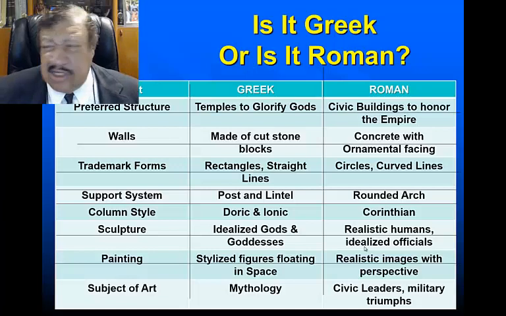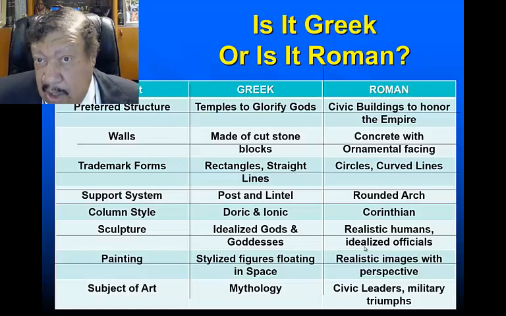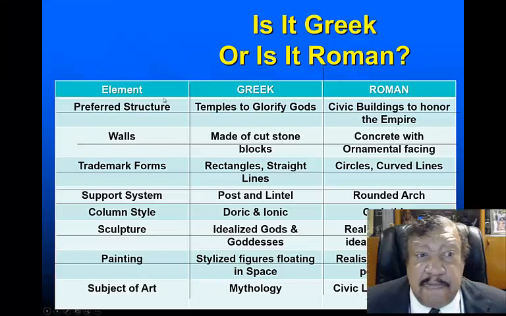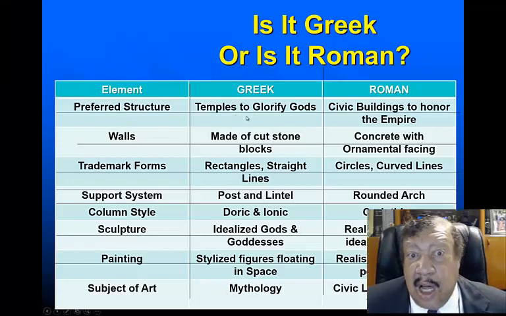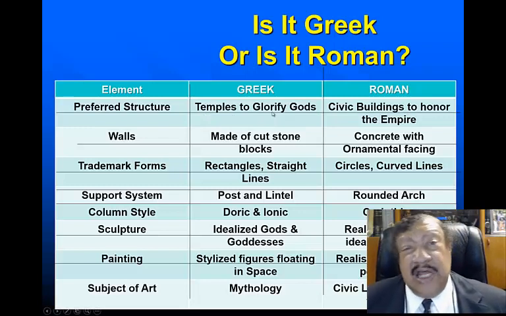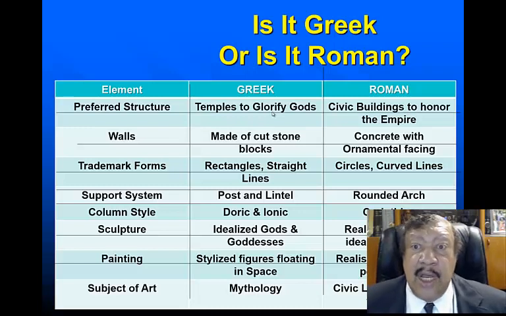So let's look at this in a very objective way as we compare Greek or Roman. The preferred structure with the Greeks, they wanted to build temples to glorify their gods. Athena, and of course we have the Parthenon.